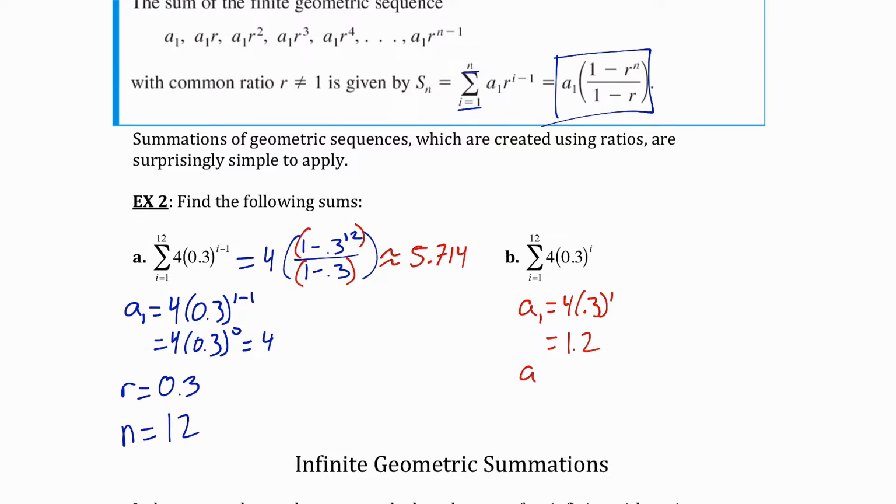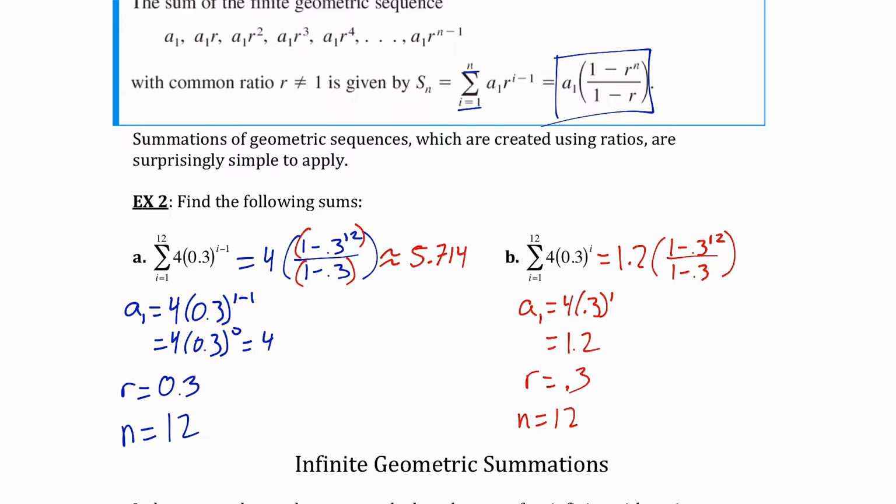Our r is whatever's being raised to the exponent, 0.3. The n is still 12. So our first term in this case is 1.2, times 1 minus 0.3 to the 12th power over 1 minus 0.3.